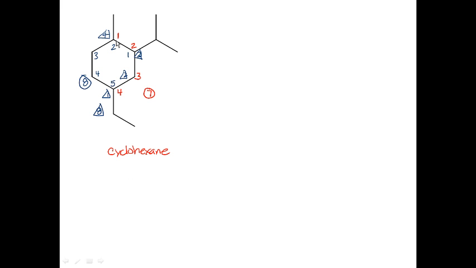So in this case, now I'm going to go ahead and name my groups. I have a 1-methyl. I have a 2-isopropyl, or I could call that again a 1-methylethyl, and a 4-ethyl group.